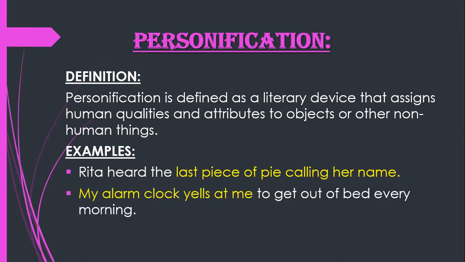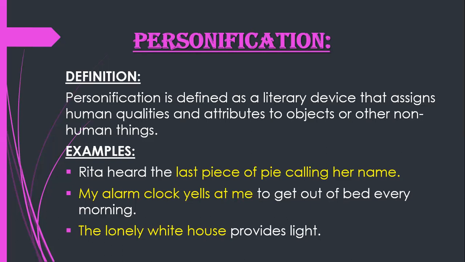My alarm clock yells at me to get out of bed every morning. Don't you think yelling is a quality of a human being? It's an attribute of a human being which has been shown in the alarm clock. So that's why, what does it mean? It is the example of personification. The lonely White House. Now see, who could be lonely?